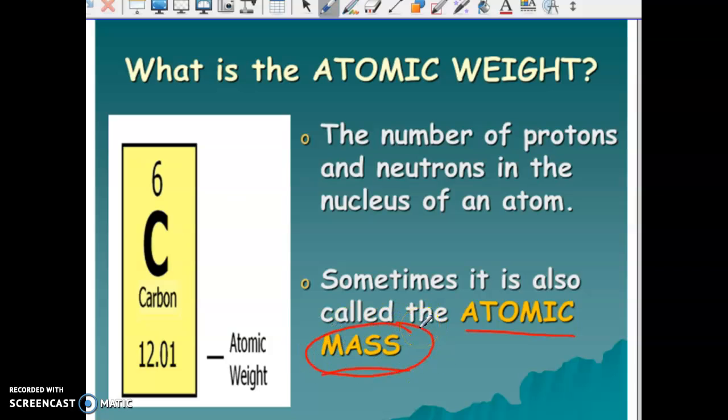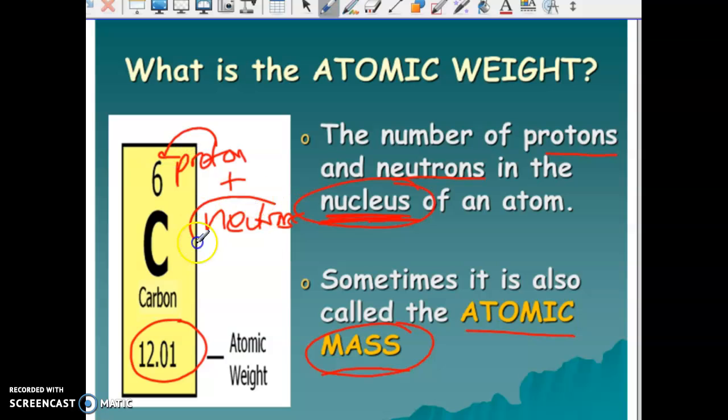So the atomic weight is also known as the atomic mass. This is the mass of the atom. When we look at the atom later on, this will sound familiar, but basically the majority of the mass of an atom comes from the nucleus, or the center of the atom. That's where you find the protons and the neutrons. So this atomic mass is basically a combination of the proton number, which is the atomic number, plus the neutrons.